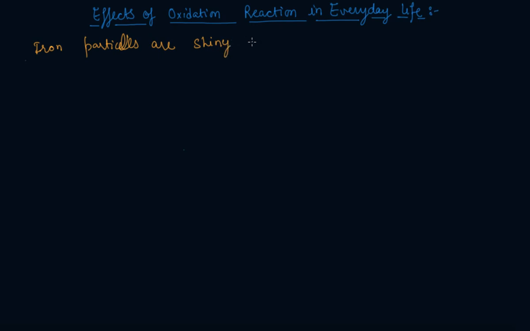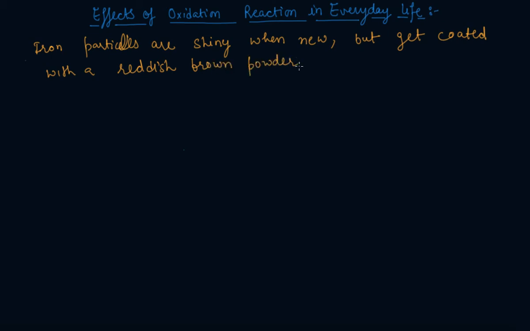So iron particles are very shiny when new but get coated with a reddish brown powder when left for some time.